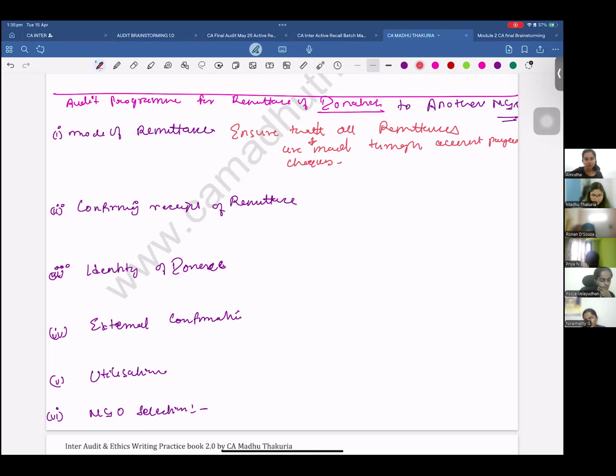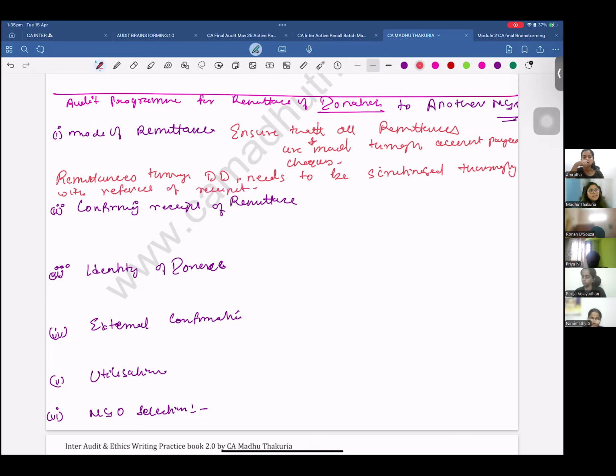If there are any remittances through demand draft, they need to be scrutinized thoroughly with reference to the recipient to whom that DD has been issued.